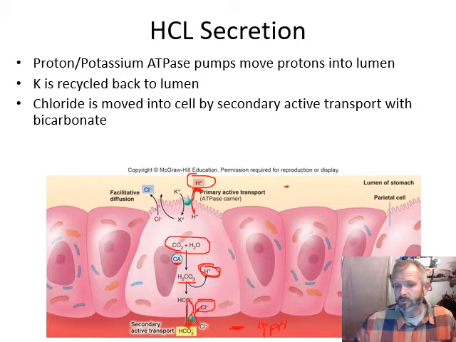Now I'm losing them through the throw up. That's going to cause this to occur more, and I get more of this in the blood, and therefore my pH in my blood is going to go up. Okay? So you see the relation between the secretions in the digestive tract and what affects the pH in the blood.